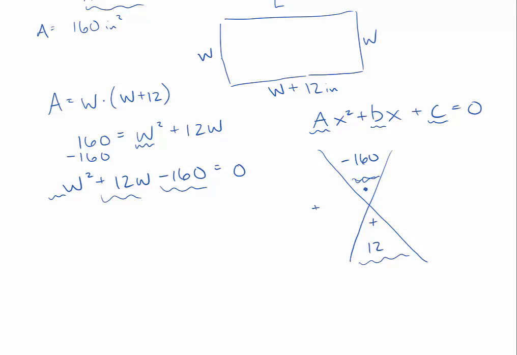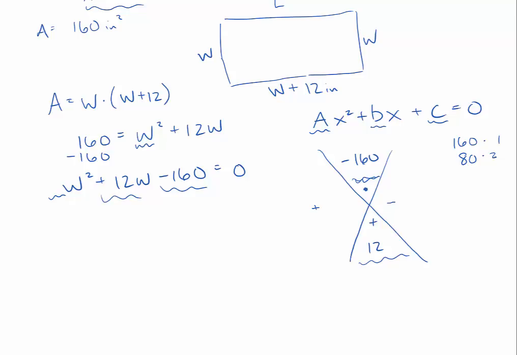And it's not the easiest thing in the world. What you've got to do is think about all the factors of 160. It would be 160 and 1, 80 times 2, and then you want the difference between the two numbers to be 12. One of them is going to be positive, one negative, and you definitely know it's not one of these two that I just wrote down because the difference is way more than 12.